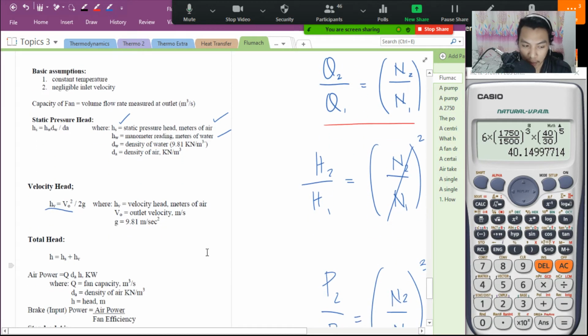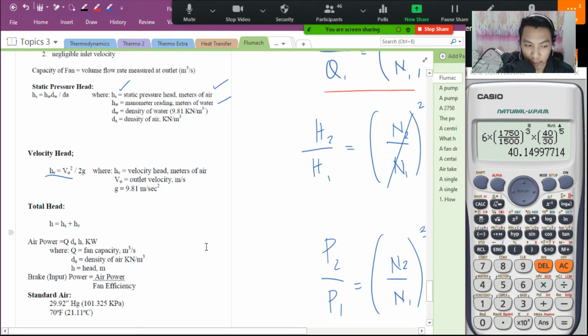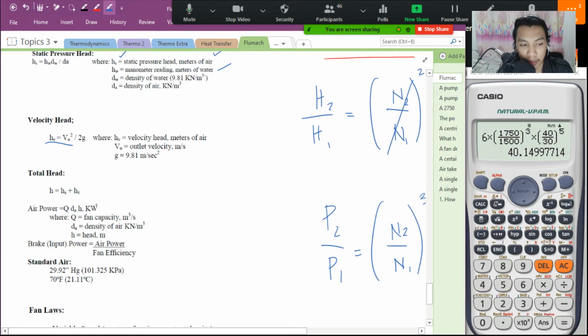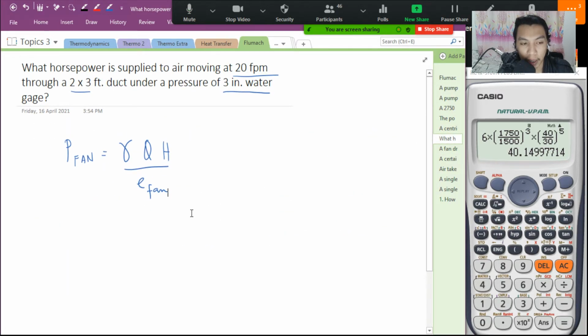Ang common conception natin dyan, kapag ang air power mo, okay, balik tayo dito. Kapag ito naka terms of air, dapat ito naka air din.